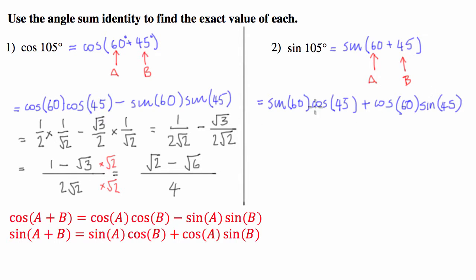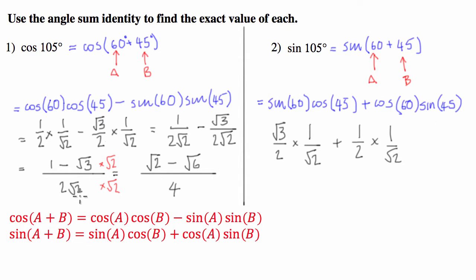Once we've got that, we go straight to our exact values for each of these trigonometric ratios. We know the sine of 60 is the square root of 3 over 2, times by the cosine of 45, which is 1 divided by the square root of 2. We're going to add to that the cosine of 60, which is a half, times sine of 45, which is 1 divided by the square root of 2.